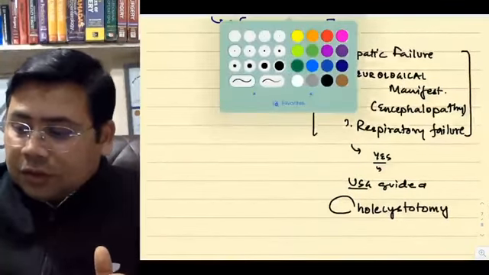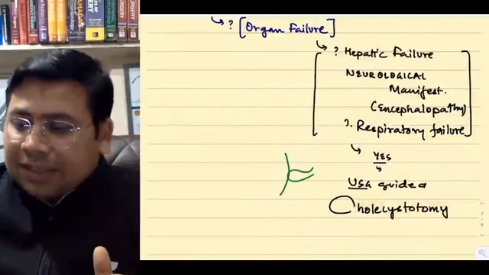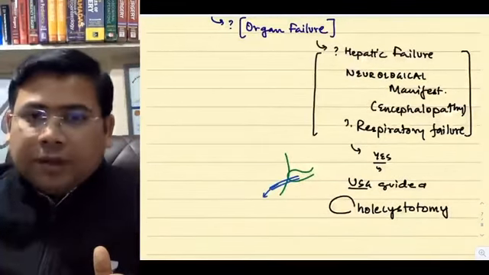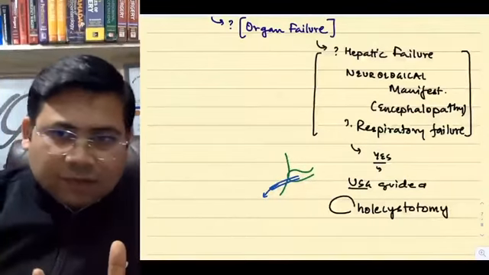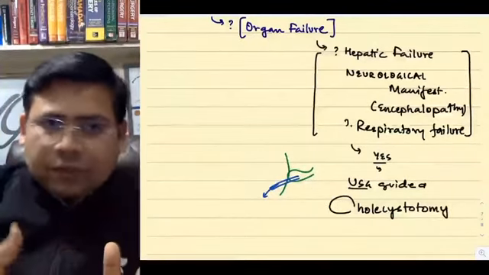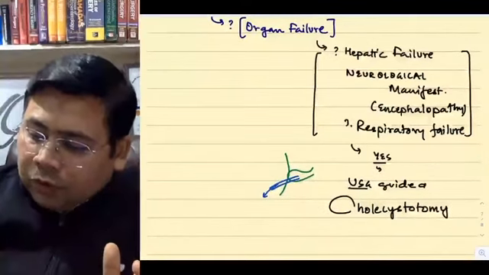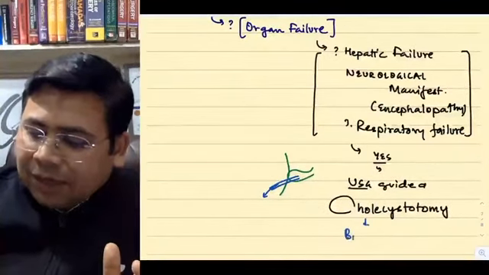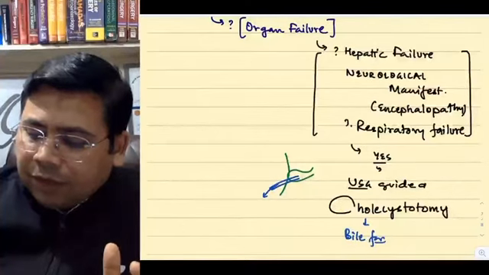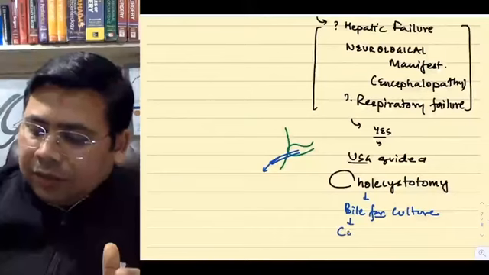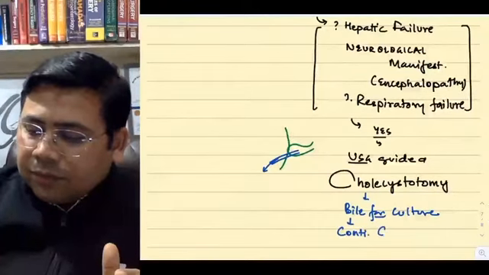What is cholecystostomy all about? It is the percutaneous drainage of the infected bile. When the bile is out, the symptoms will subside and you get time to expedite the patient's recovery and give the patient support. After this, you send the bile for culture and continue conservative support. Is that clear to everyone or no?